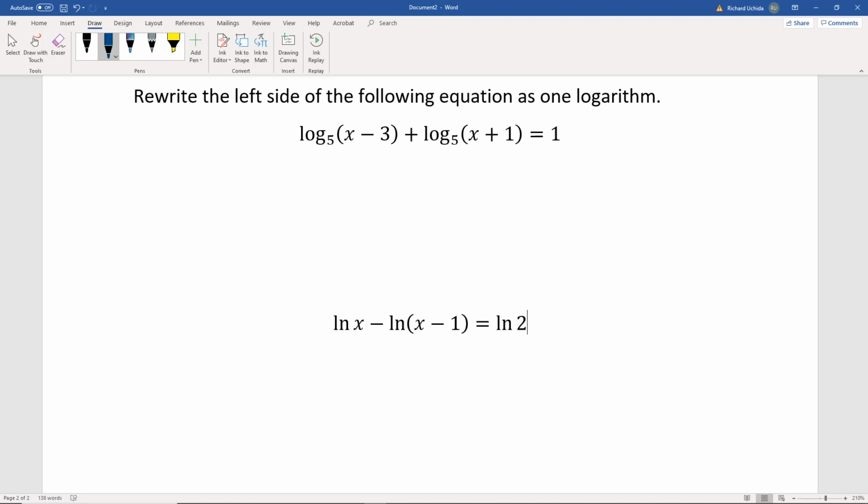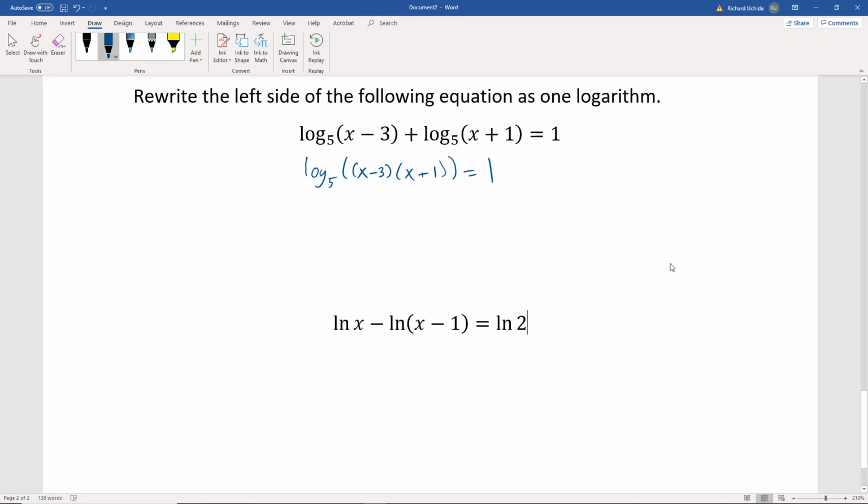For adding those two logs, remember that's the same thing as the log of the product. So this would be log base 5 of (x minus 3) times (x plus 1) equals 1. So we rewrote this sum of those two logs as one individual log, where we take the product of their insides.